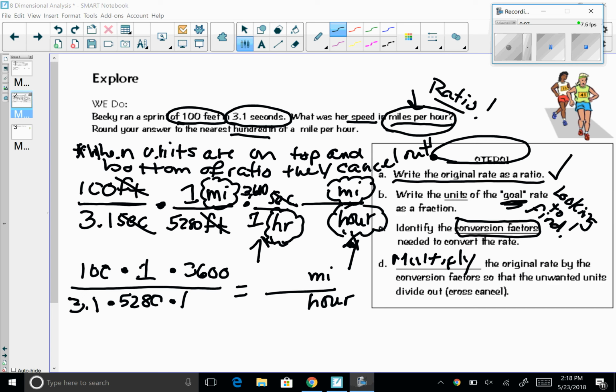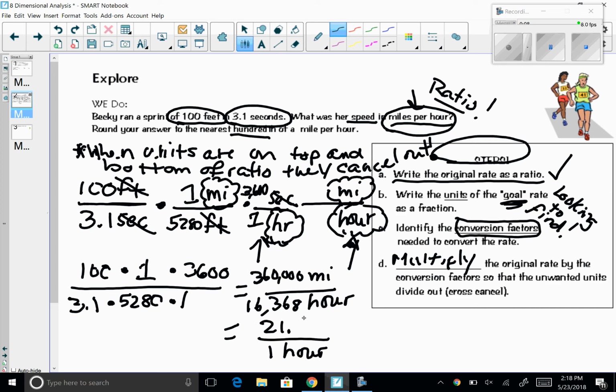When I multiply my numerators of my ratio, I get 360,000 over 16,368, which if I divide that so that I have a unit rate of 1 hour, I will end up with 21.9941349, but we need to round that to the nearest hundredths place, as it says in the question.